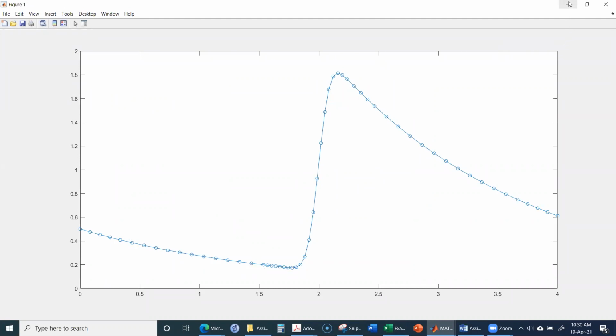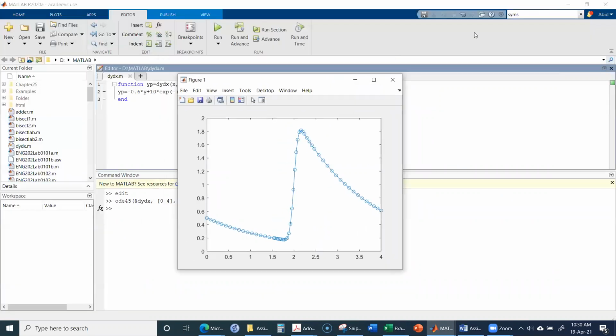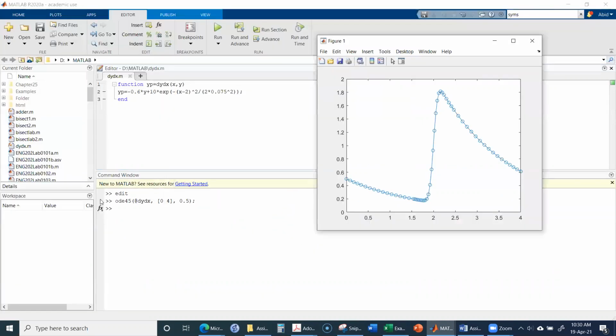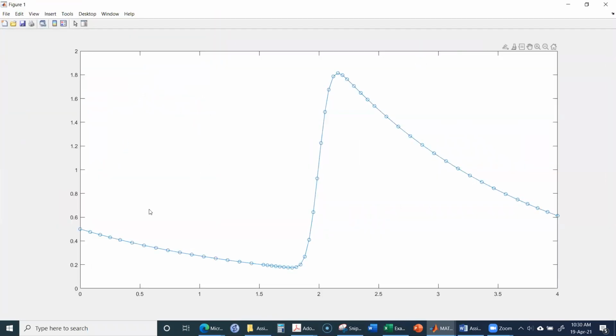One thing you can note is that I did not set ODE45 equal to some variable. Normally you can take two variables and find the values of t and y, and then plot these values. But I put it without that, and in fact I got the direct result.